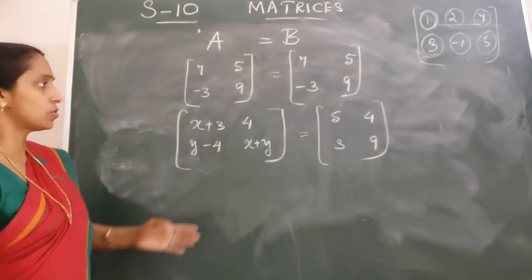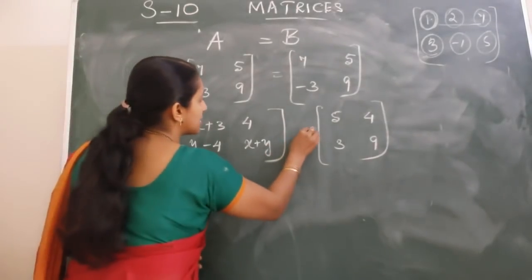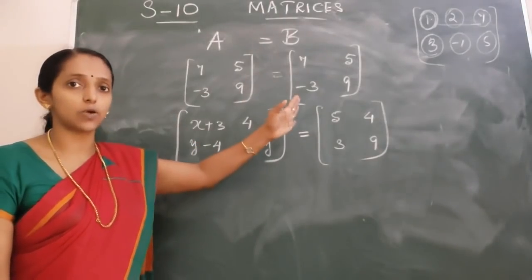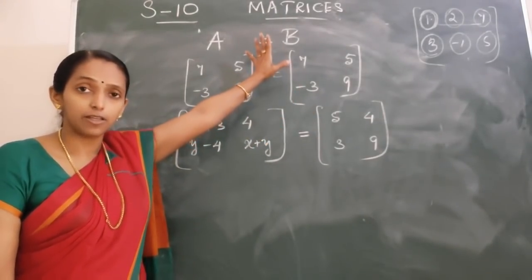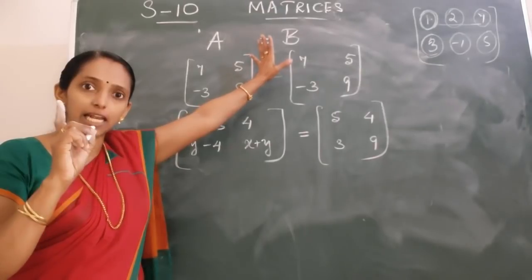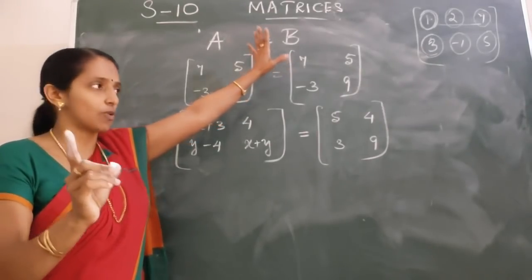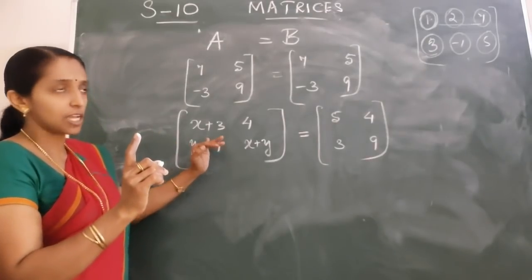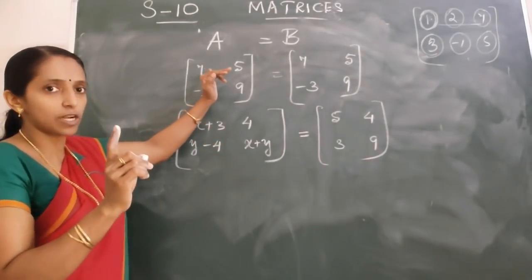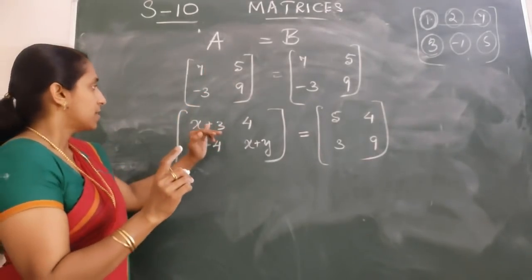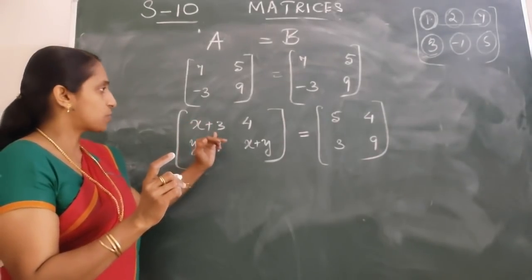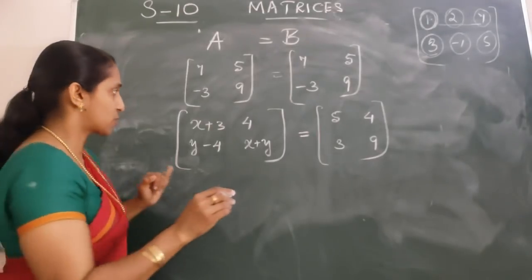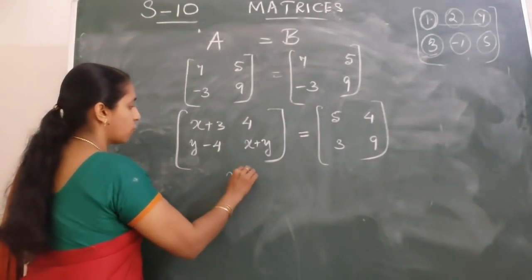As I have told you, these two matrices are equal if and only if their respective elements are equal. So you can equate the respective elements. As per our principle, equality of matrices, you are getting x plus 3 equal to 5.